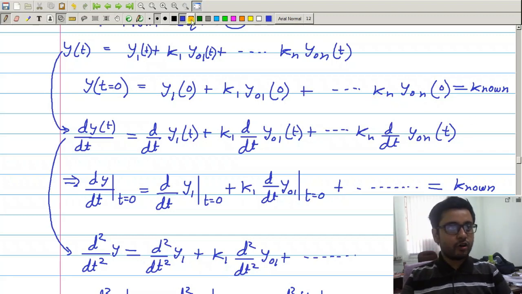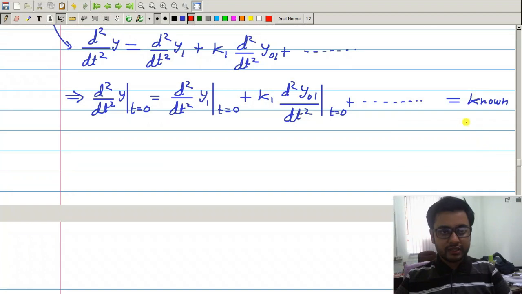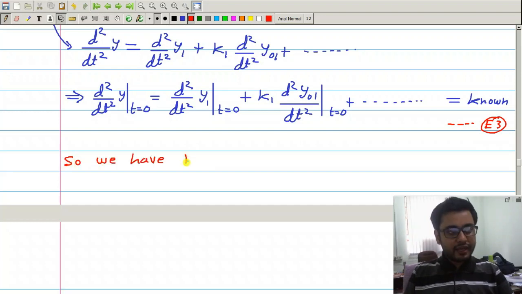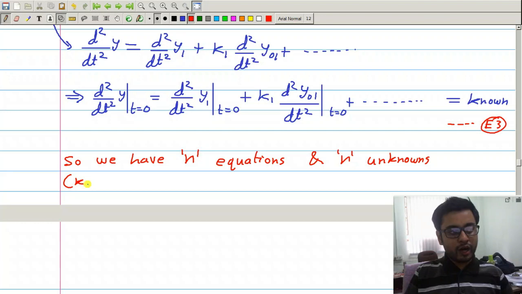Okay, so let me call these equations E1, equation 1, this as equation 2, this as equation 3. So we have n equations and n unknowns, which are these k1, k2 up to kn.